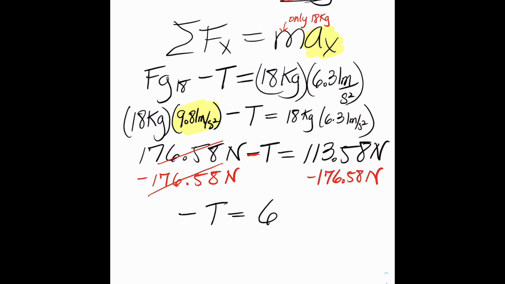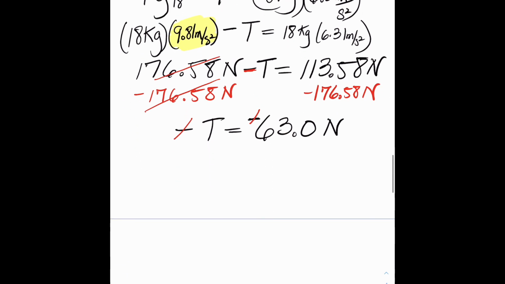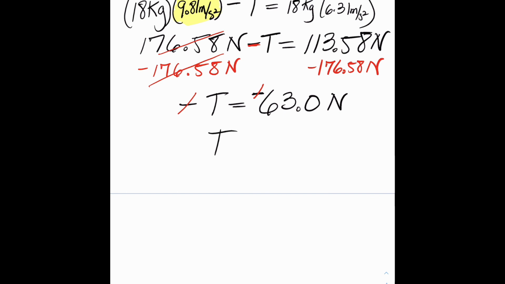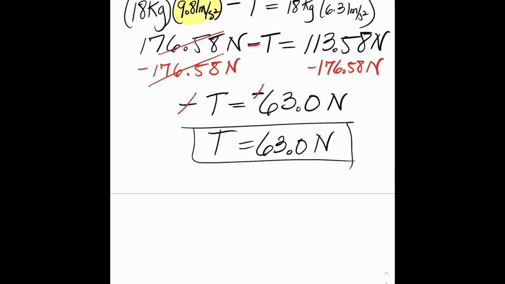So 63, it's negative too because the negative is larger. Negative 63.0 newtons. Negative signs on both sides. Multiply both sides by -1, divide both sides by -1, whatever you want to do, they're going to cancel. So we can see here that tension is equal to 63.0 newtons by looking at just the 18 block only.